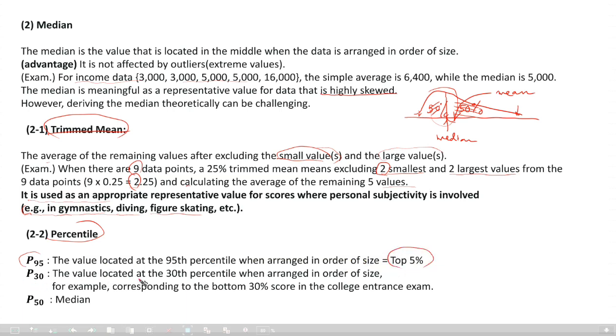P30 is the value located at the 30th percentile when arranged in order of size. What is the median? The 50th percentile is the median, right? These are simple terminologies, but sometimes you may use this kind of simple concept.